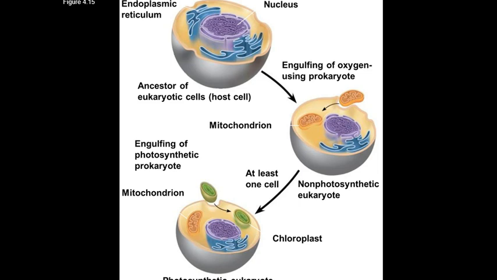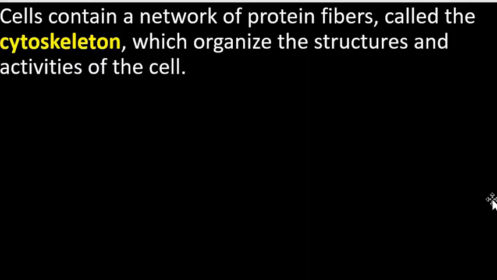And then later on, it engulfed another prokaryote that could extract energy from the sun, and had that live inside itself also, and then you had the lineage that led to plants. Okay, and that's really general, not very specific about the energy harvesting organelles, but that's as far as I really want to get into it for now. We're going to go into way more detail next unit.